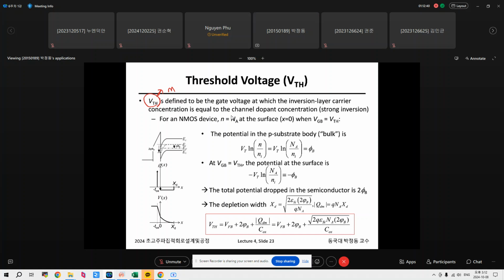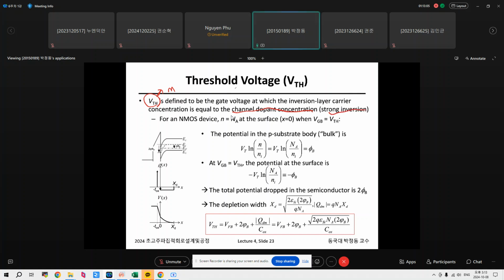The definition of channel formation is when the induced channel charge density equals the channel dopant concentration. Then we say it is a strong inversion. Okay.